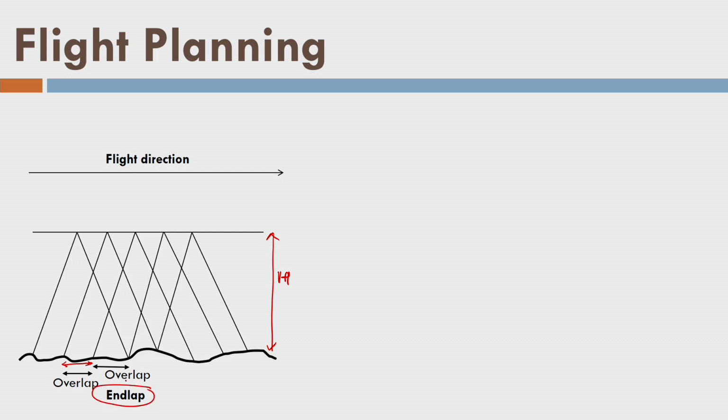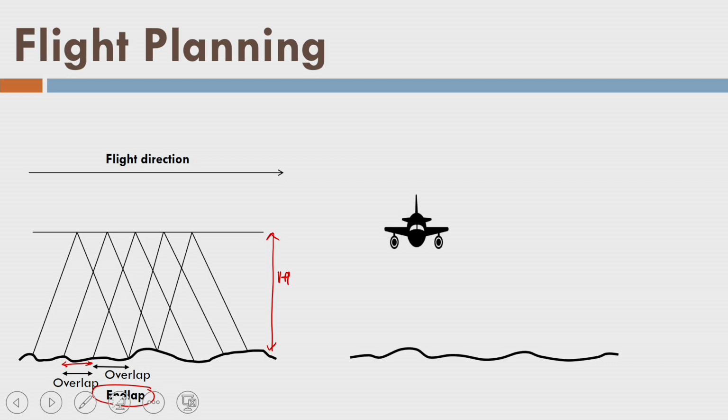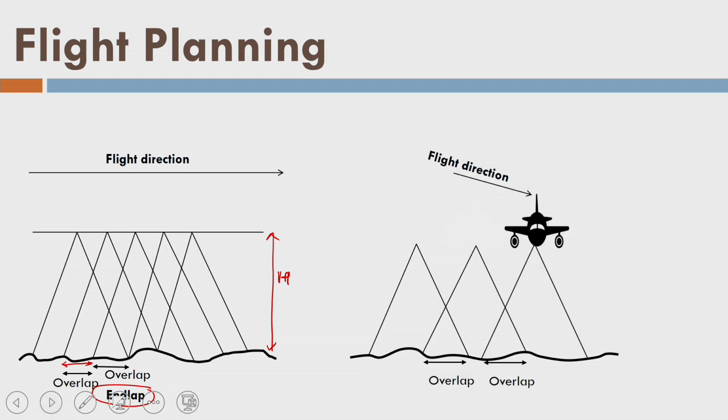What if I see the flight coming towards me or going away from me? Let us say the same terrain, and now the aircraft is coming towards me. Again this is my flight direction, and it is acquiring photographs perpendicular to the flight direction, at this next position, and so on.